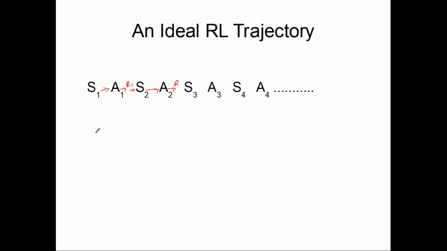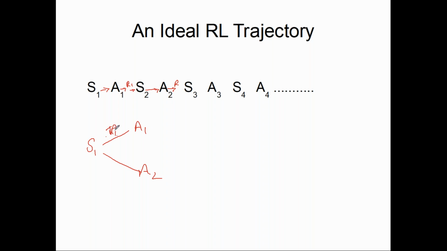But if you look more clearly in real life problems or any game scenario, you are in state S1, and when you take an action, you may take an action A1 or you may end up taking an action A2, and there is a probability attached to it. This is the state transition probability.